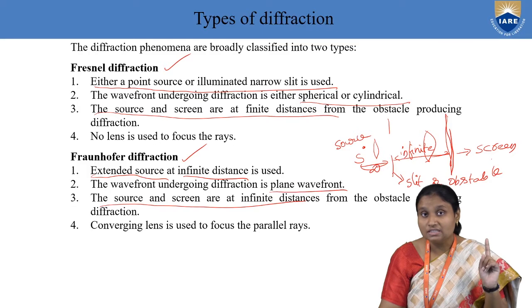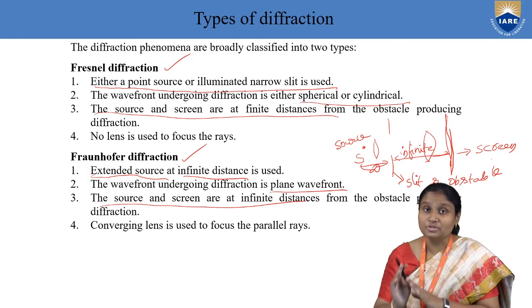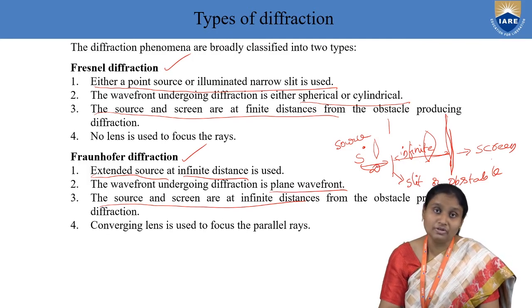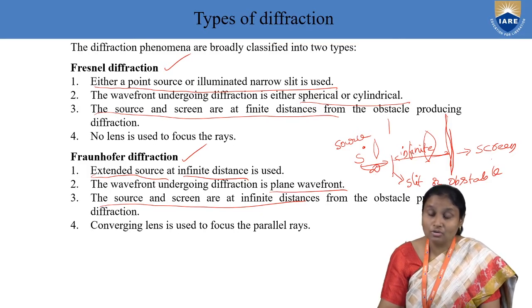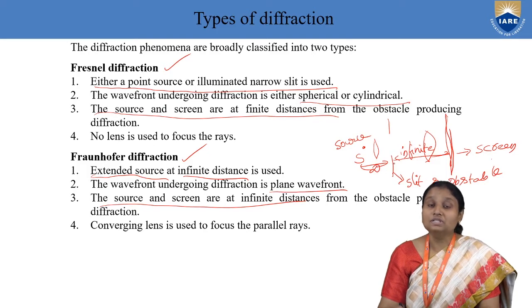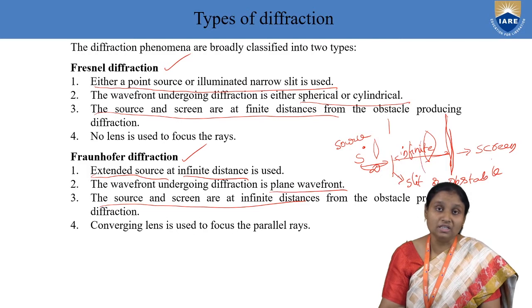Now your source is at infinite distance. So in order to make the wavefront coming from that source fall on your obstacle, obviously you have to make use of a lens. And after the obstacle, in order to focus all the diffracted waves onto the screen, again I need one lens before the screen.